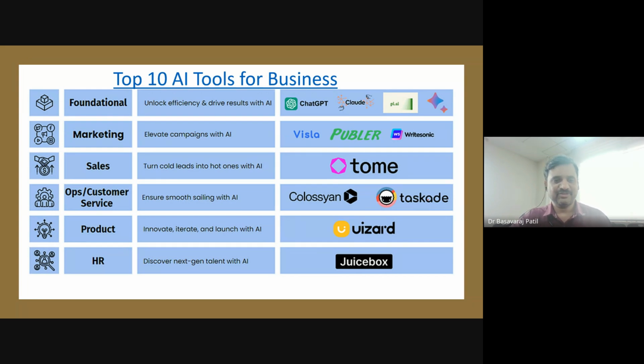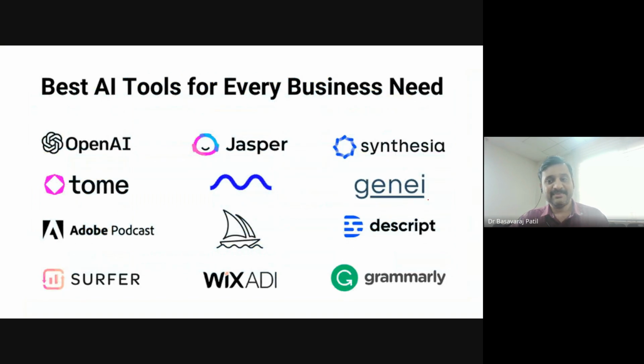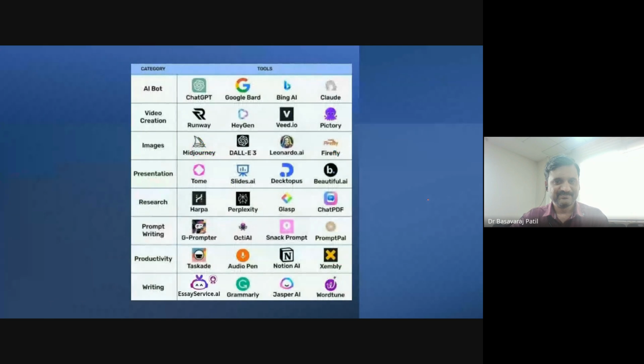These are the top 10 tools which are helping the development of business. Not only these, some are required for every business, like OpenAI, Adobe, and Grammarly in data analysis and synthesis. These are a few of the tools that are helping to build your business and satisfy its needs every day.